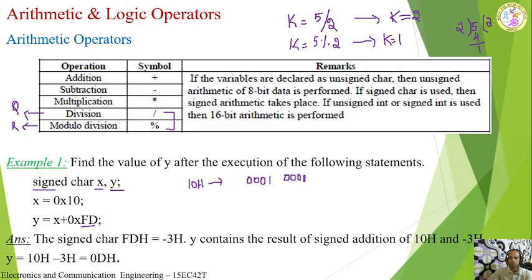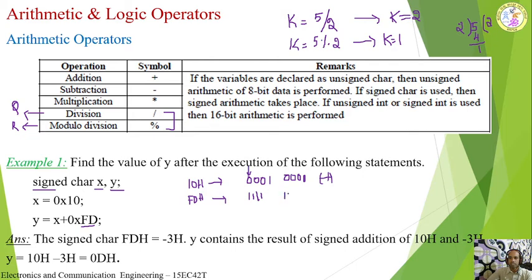Now you check the MSB bit. MSB bit is 0. Therefore, it is a positive number. Whereas if I write FDH, FD in hexadecimal, you write F in binary as 1111, and what is D? D is nothing but 13.